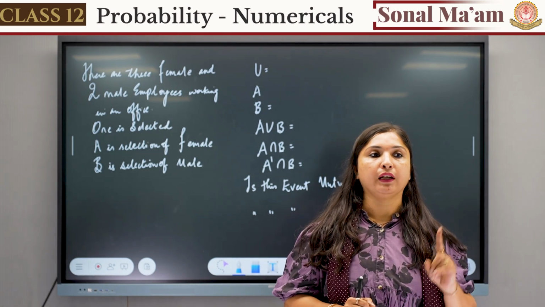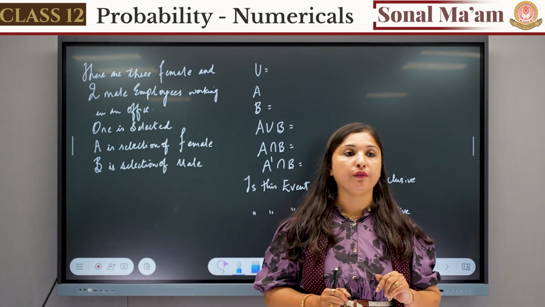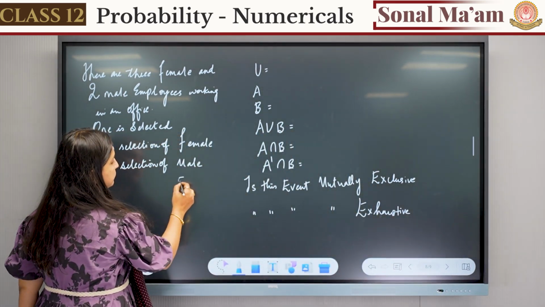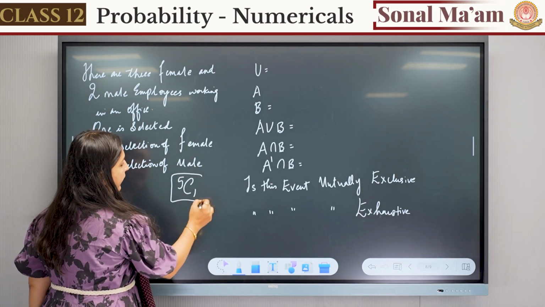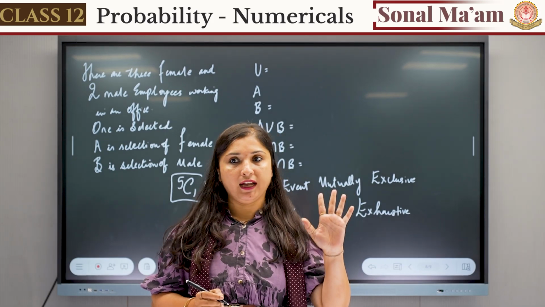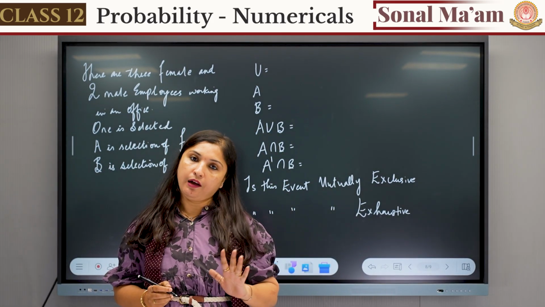You have to select one employee. When we have to select one employee from the 5 employees, it will be done in how many ways? 5C1 ways, the answer for 5C1 is 5. Means total number of outcomes that you will get is 5.